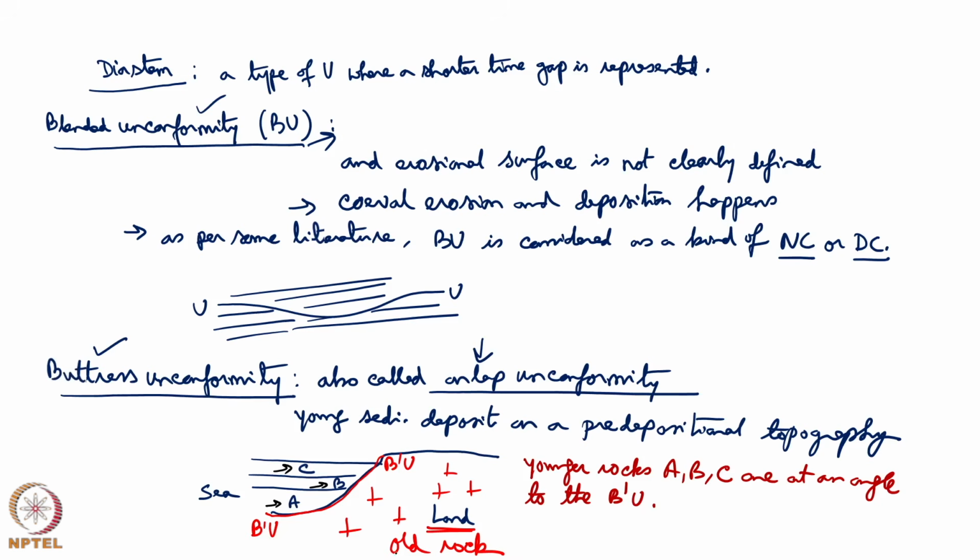We have so far not said anything about the layers in the old rock, whether they are horizontal or inclined, they can be anything. There is no guarantee, and that is why I have not drawn the layers, whereas I have drawn the horizontal layers over here. So, if we pose a question now, what is the difference between angular unconformity and the buttress unconformity?